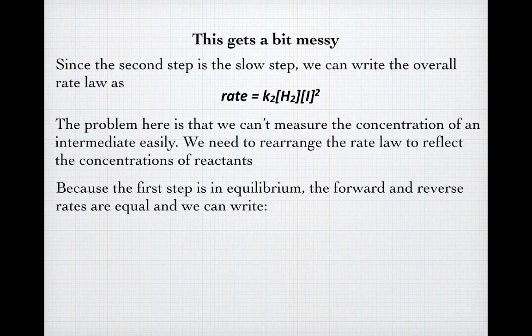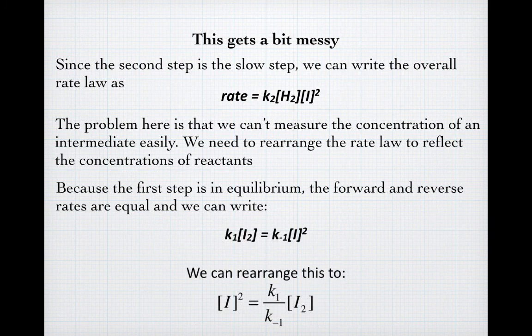And this is where our other reactant is, our I2. So we can write for that first step, k1, the forward rate constant, times the concentration of I2, is going to be equal to k minus 1, so that's the k for the reverse reaction, times the concentration of I squared, because we had two I's as the reactants for the reverse reaction.